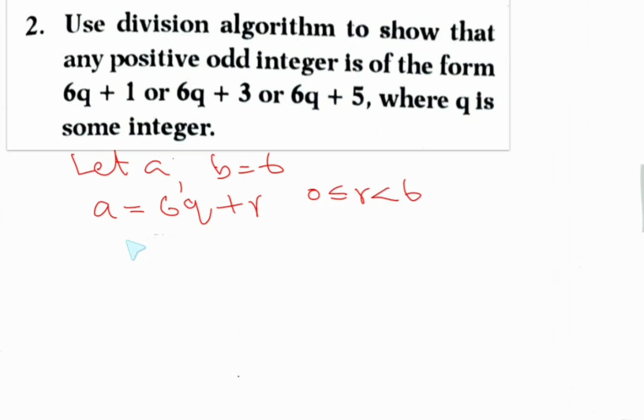That means r can take the values 0, 1, 2, 3, 4 and 5.